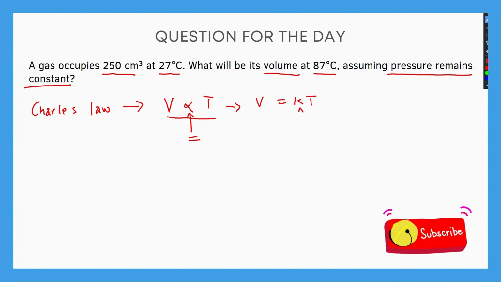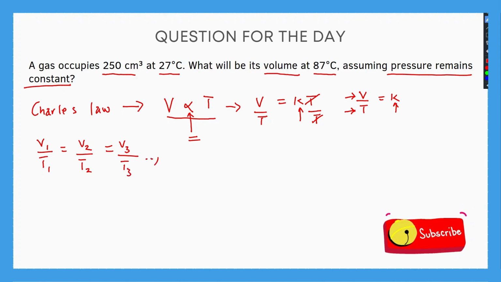To make K the subject of the formula, we simply divide both sides by T. So T cancels T over here, and therefore, V over T is equal to K. What this means is that the value of V divided by T will always be constant as far as Charles' law is concerned. So that makes V1 over T1 equal to V2 divided by T2, which will be equal to V3 divided by T3, and so on and so forth.